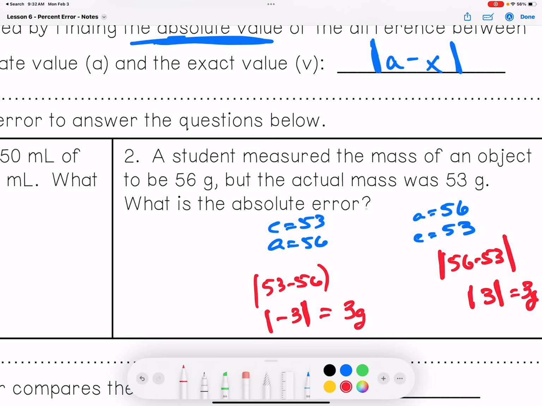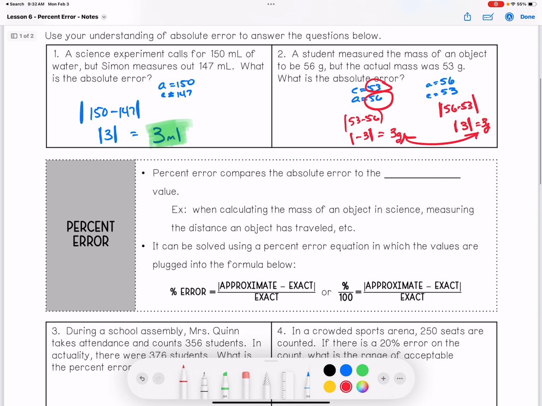So it really doesn't matter which one of these you put first because you're taking the absolute value. Because it's just 3 grams. Okay? All right. Next song.